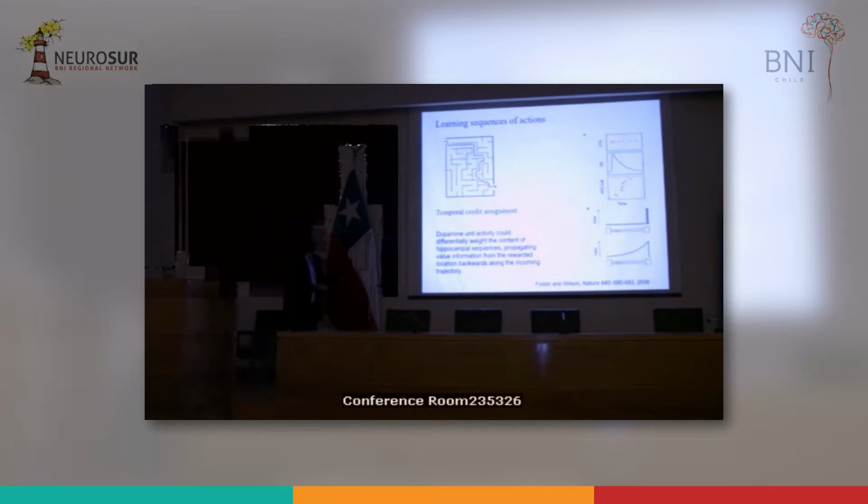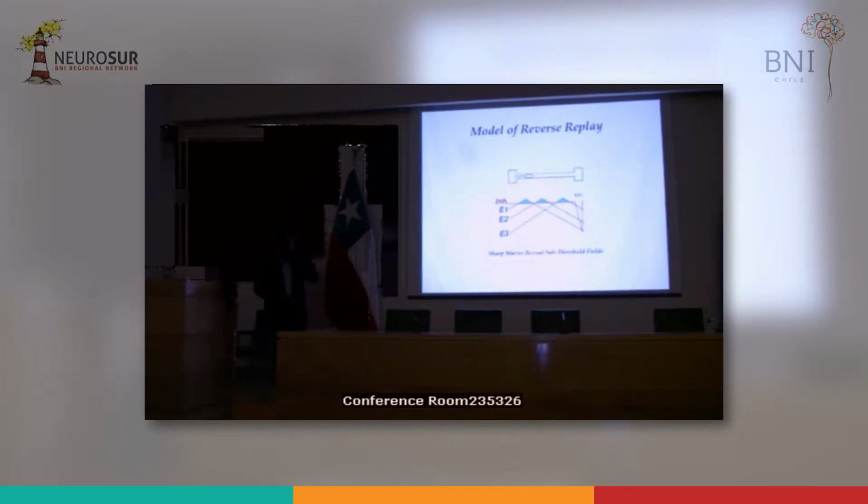Well, there's a question, does this happen? The way you would need to determine that would be to record in the hippocampus and in the dopaminergic signaling areas in the brain to see whether this happens. And I'll show you the data which we took doing exactly that experiment, showing that indeed there is pairing of reward signaling during this kind of reactivation.